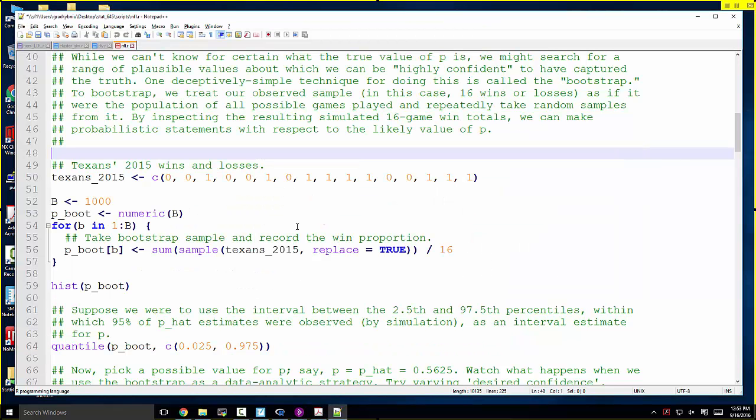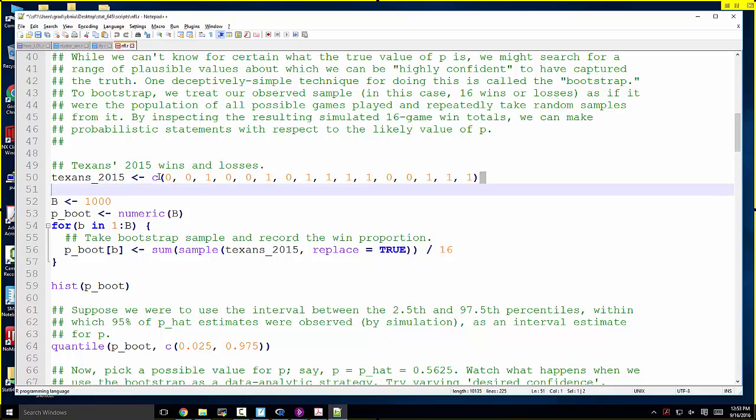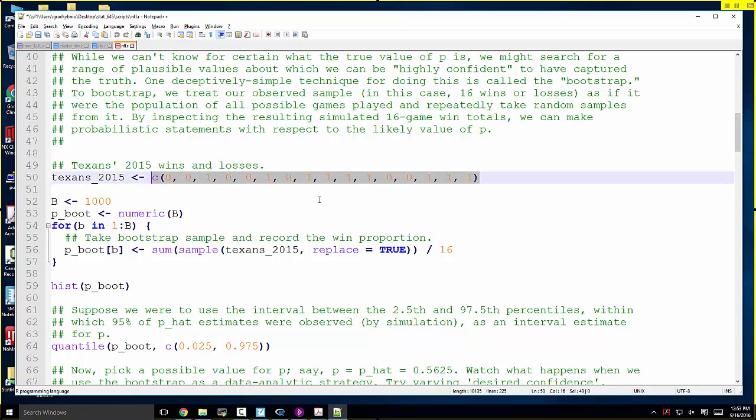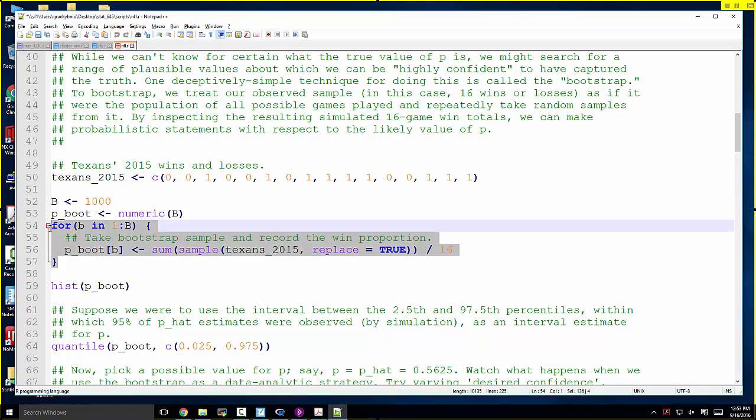Here's what it looked like with the Houston Texans data. We represented our sample of data as in numbers, or zeros and ones in this case. N is 16. I have 9 ones, 7 zeros. The Bootstrap, we do it inside a loop because it is iterative. For each of capital B iterations, I'm doing 1,000.